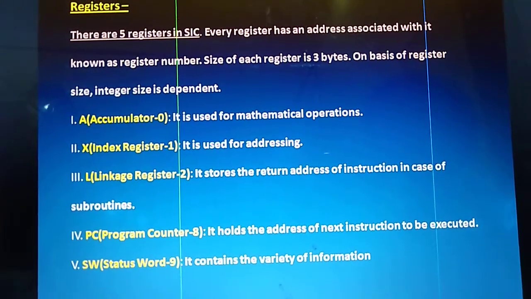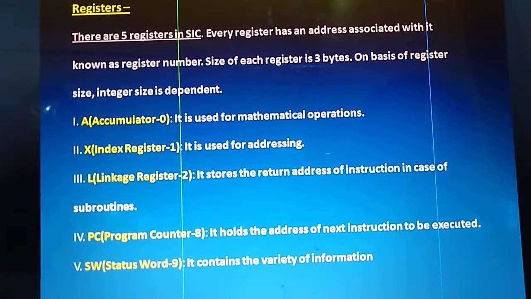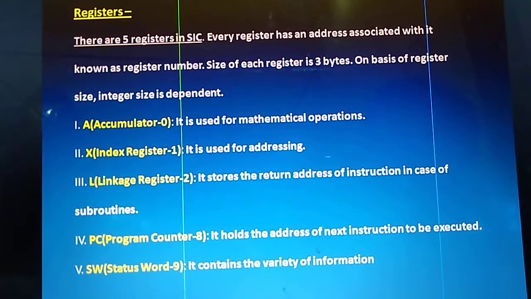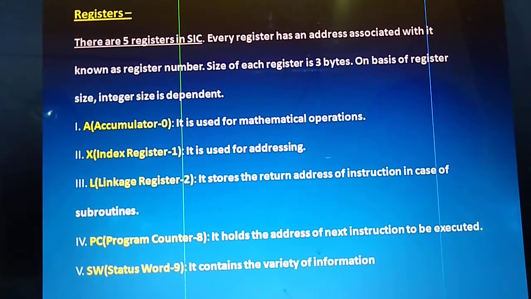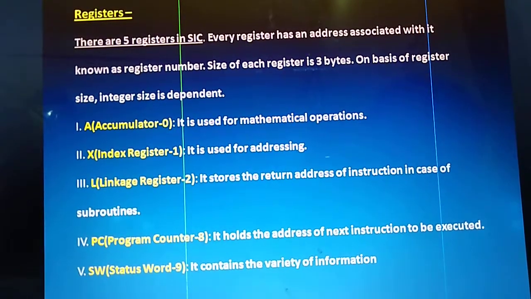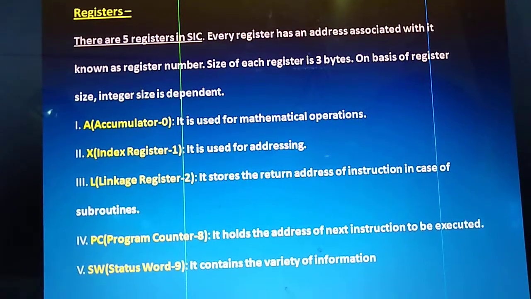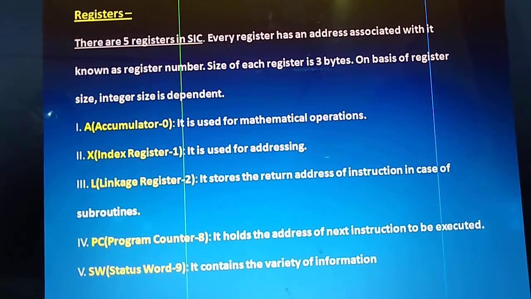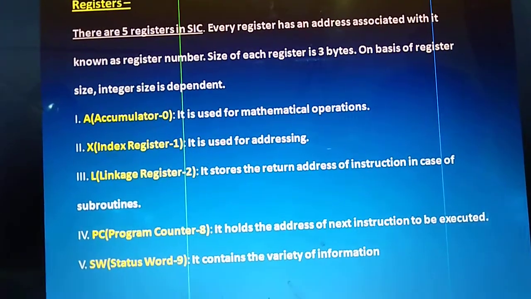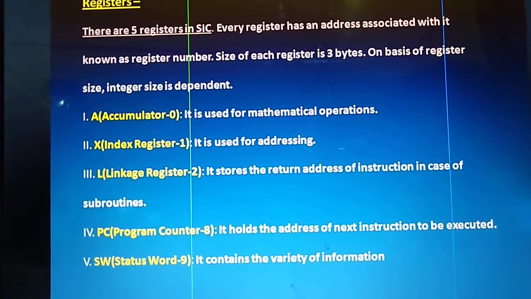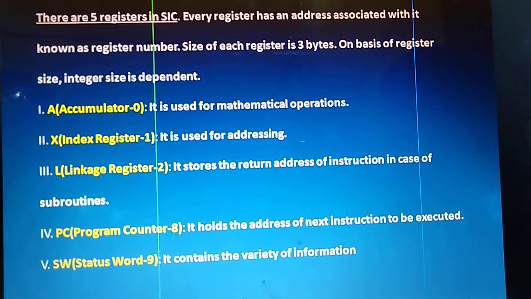Size of each register is 3 bytes. A, accumulator. It is used for mathematical operations. Index register X is used for addressing. Linkage register L stores the return address of the instruction in case of subroutines.